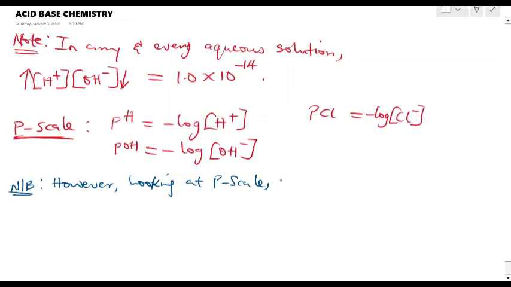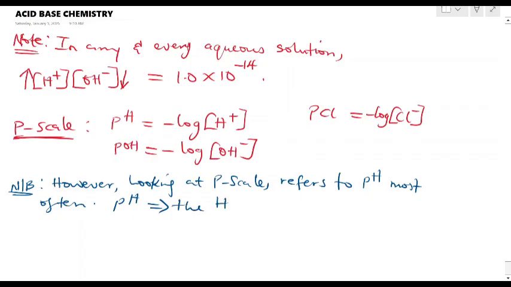Looking at P scale refers to pH most often, and in this case, pH implies the hydrogen ion concentration.